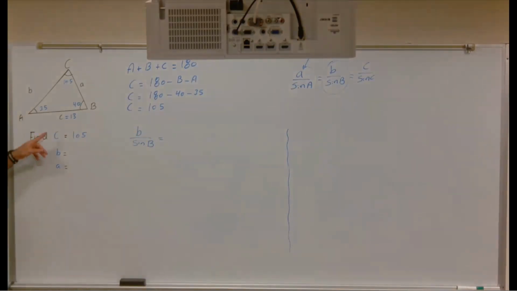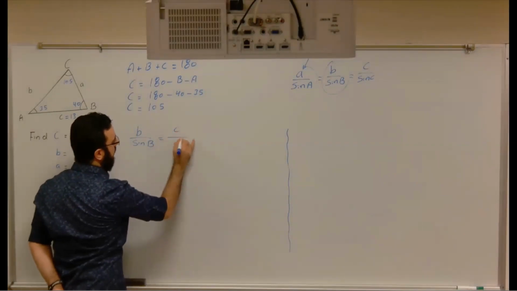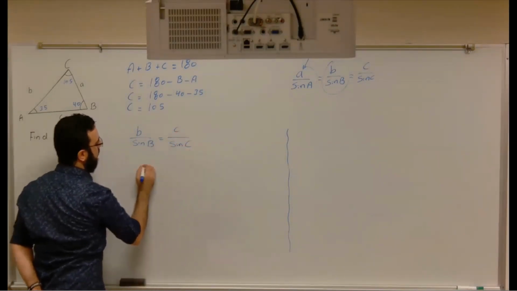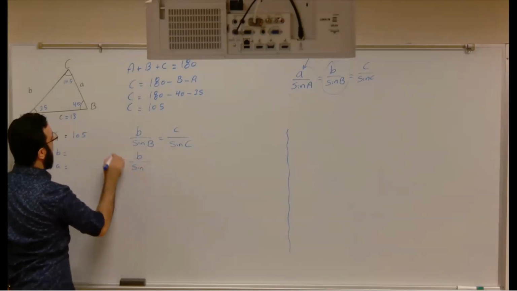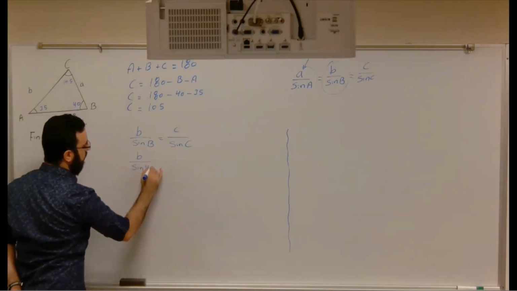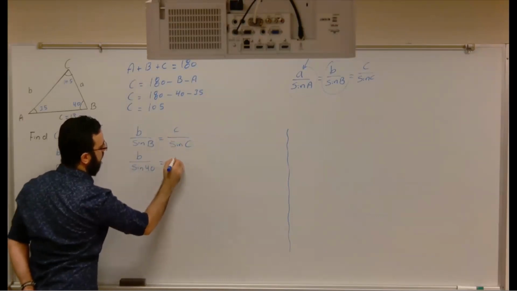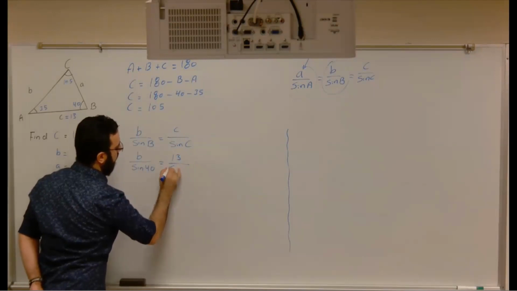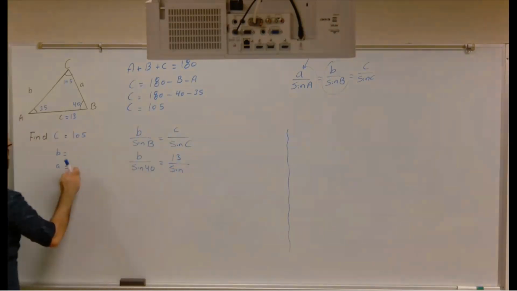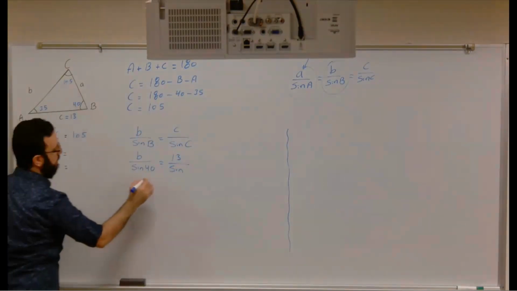The C, because we have the side C. So I'm gonna say it's equal C over sine C. Now B over sine angle B is 40. Equal C is 13 over sine. The angle C is 105.